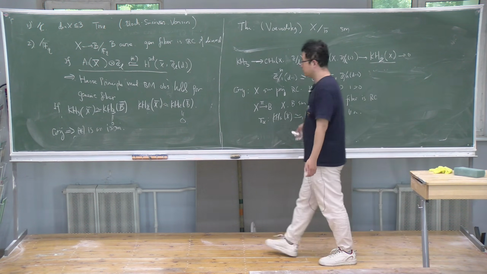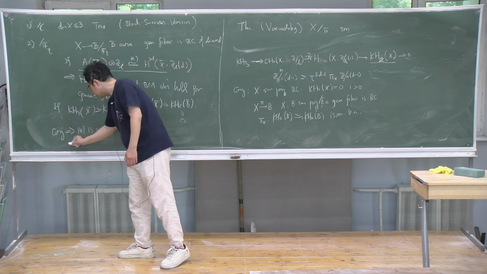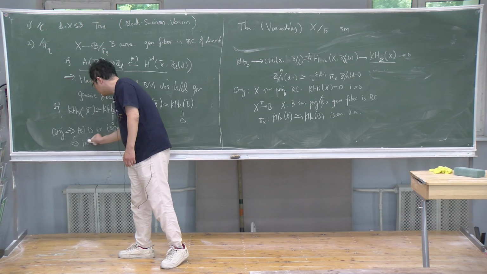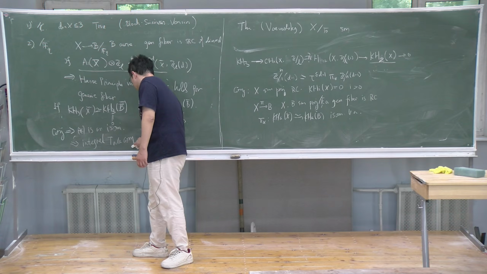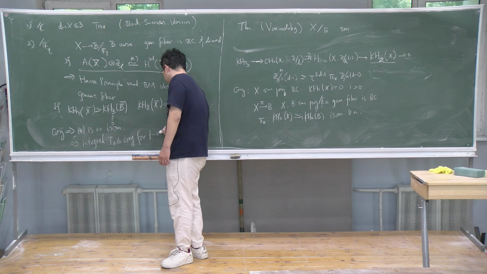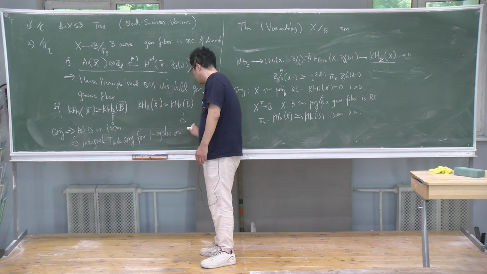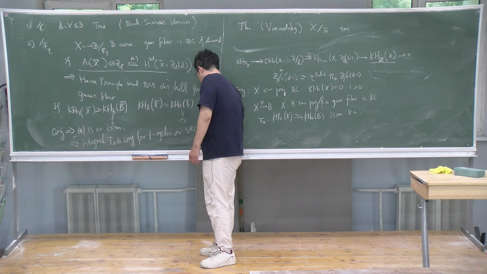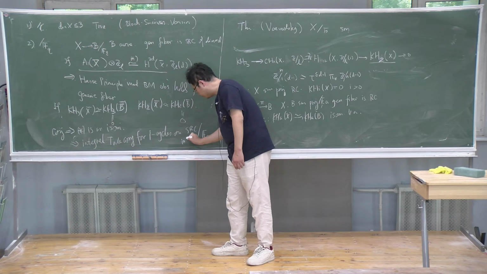Anyway, so this conjecture would actually imply the integral Tate conjecture for one cycles, for SRC varieties, and also SRC in codimension 1.